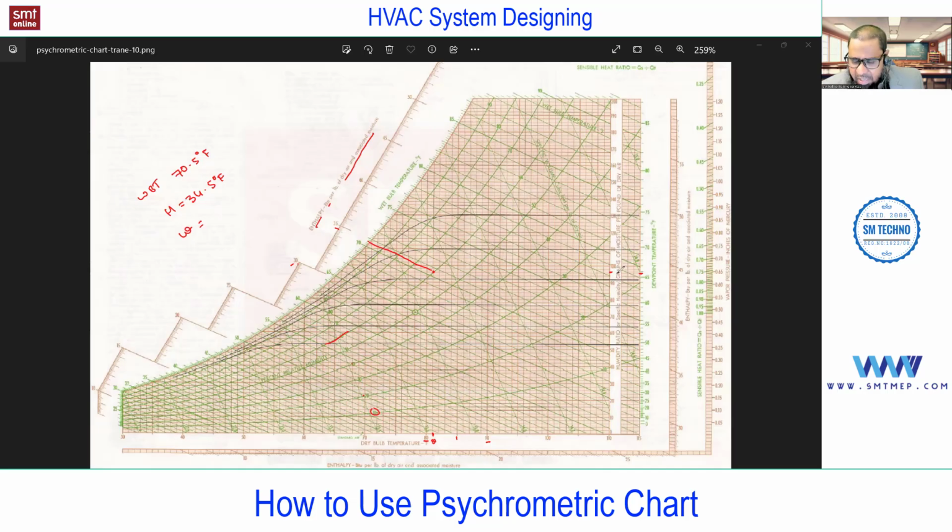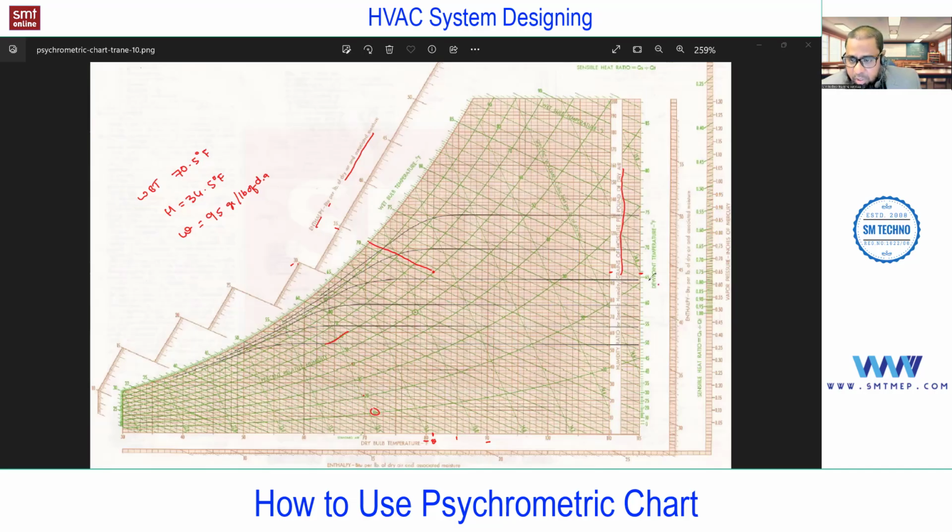Can I consider roughly 95? 95 what? Grains per pound of dry air. Remember this unit. You can find it somewhere. You see, grains of moisture per pound of dry air. In some psychrometric charts, you'll find pound of moisture per pound of dry air. Don't get confused. You need to verify the units. Mostly we are using grains per pound of dry air.